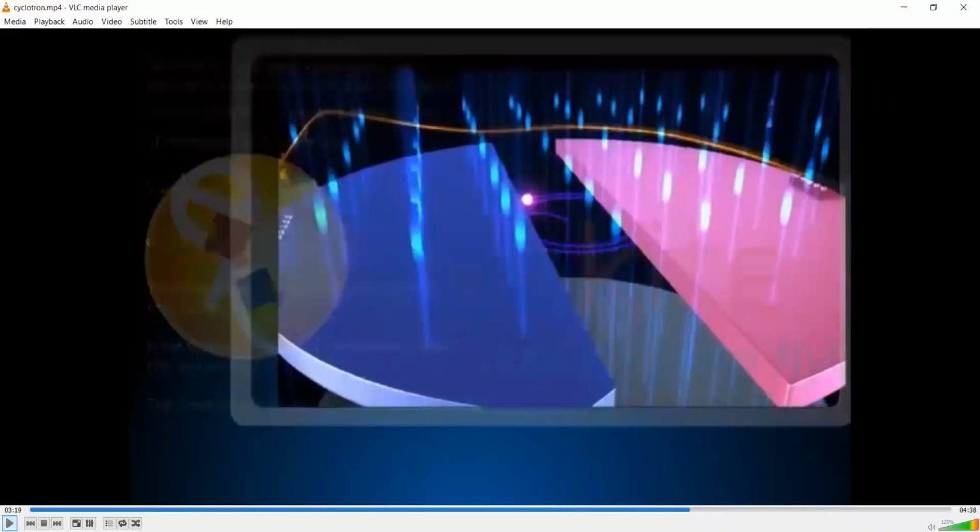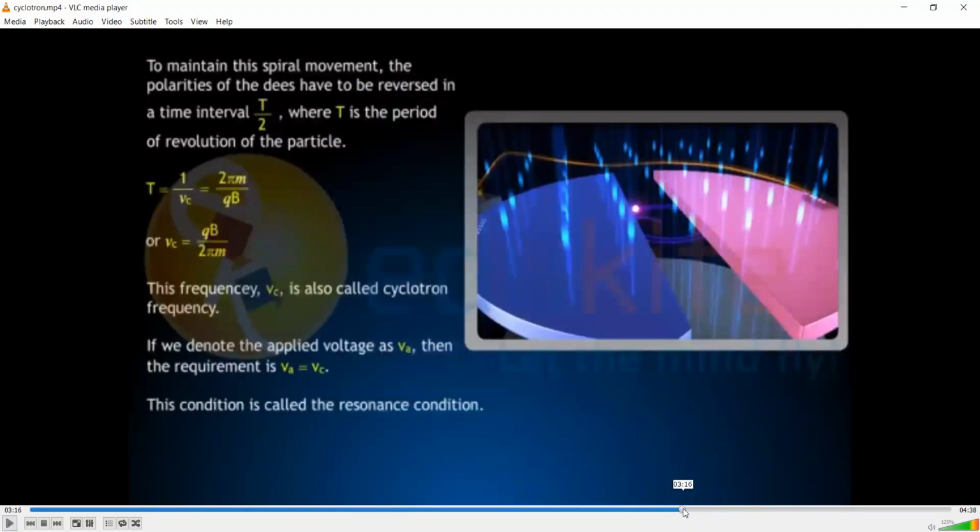So make a note of this point. It means the frequency of the applied voltage should be equal to the cyclotron frequency. Then we can say that they both are in resonance.